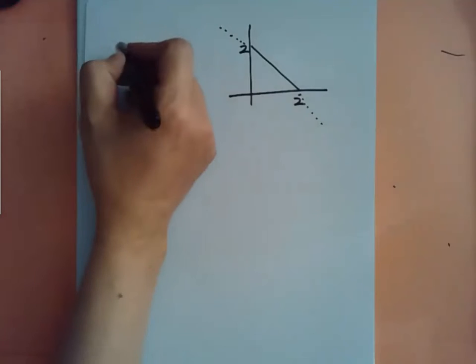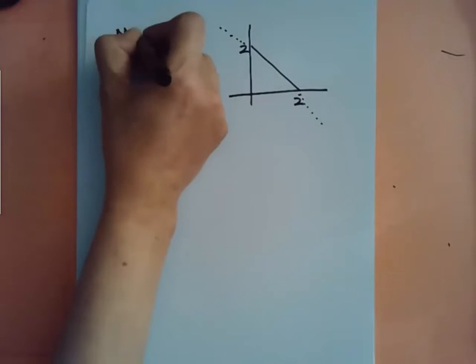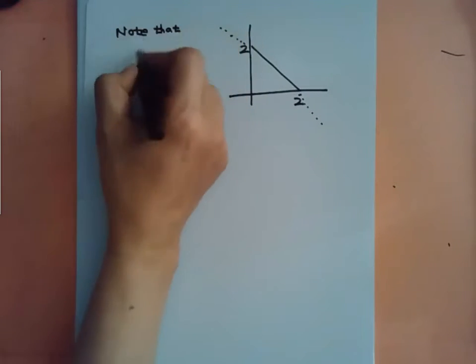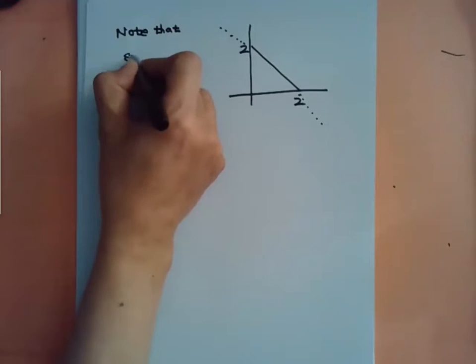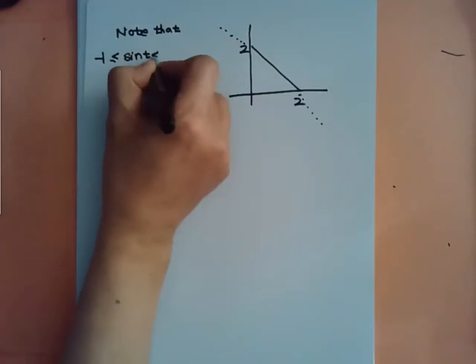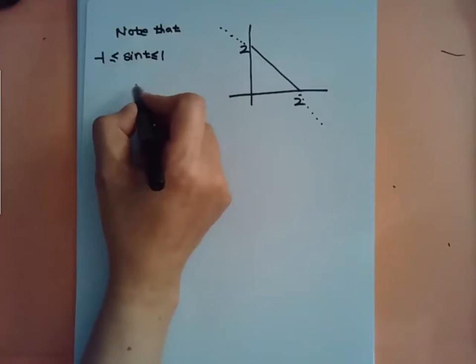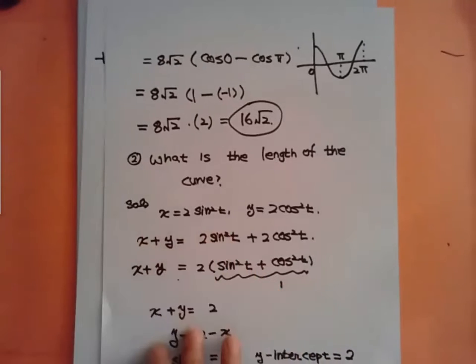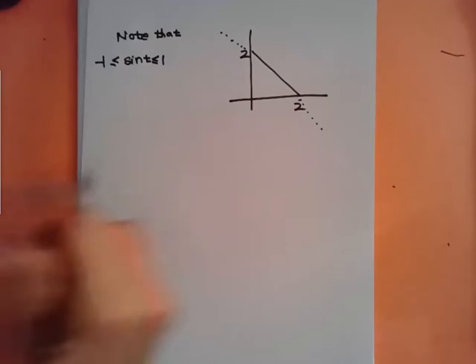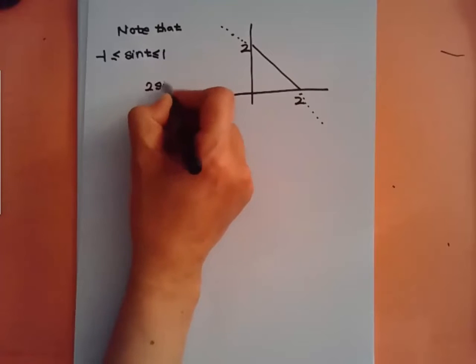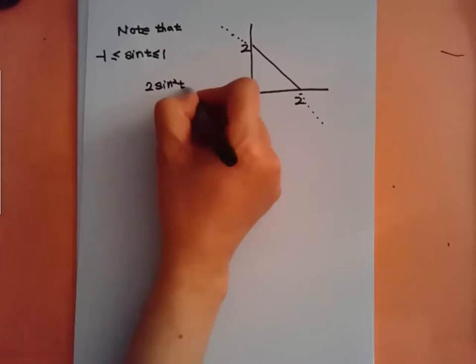Why is that? What we know about the range of sine is that sine oscillates between -1 and 1. So in this problem, what is given is 2 times sine squared of t. That was x.